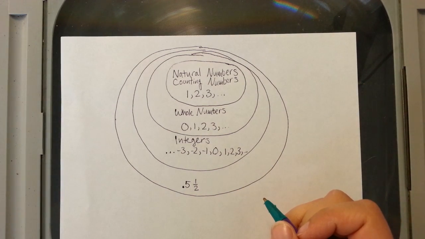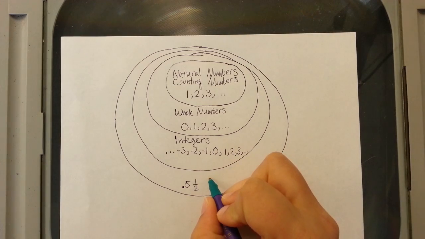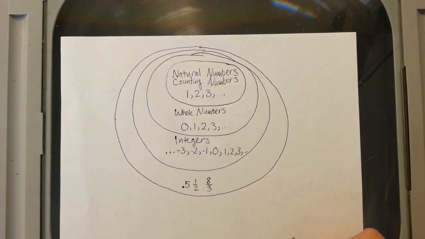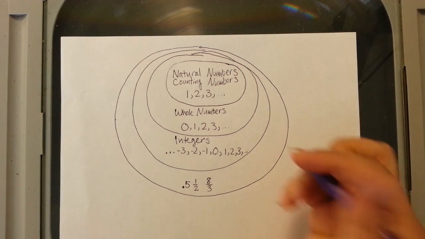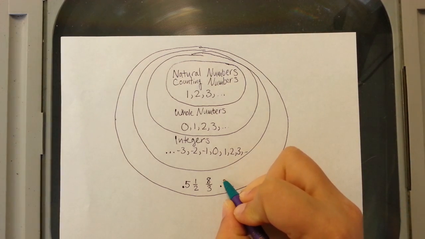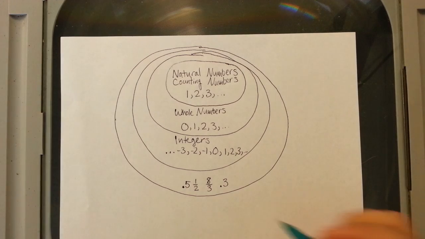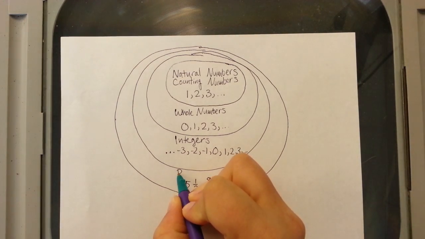Or 8/3 could possibly be in here. What else? Something like 0.3, because 0.3 would actually be 3/10. So you have to actually check on this one to make sure that the decimal could become a fraction. And these ones are called rational numbers.